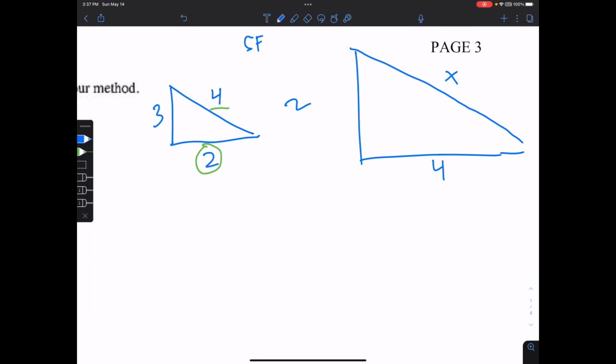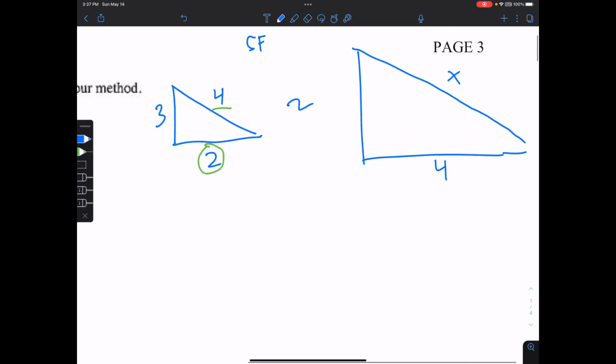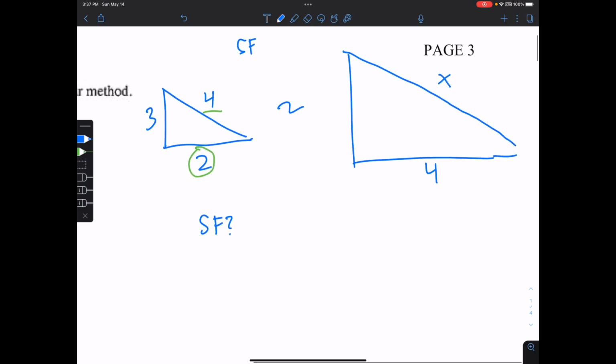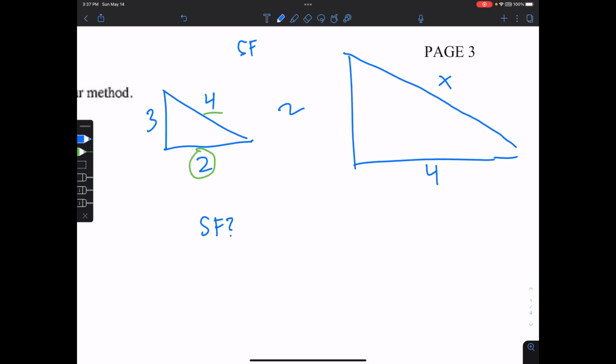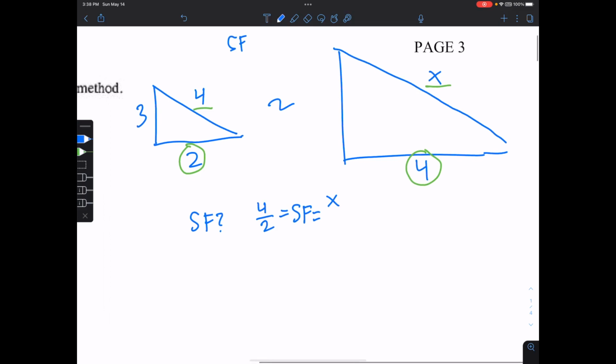It's simple. First, we can look at the scale factor. We can look at our 4 and do 4 over 2, and that is our scale factor. But our scale factor is also this side and this side, so our scale factor is x over 4.